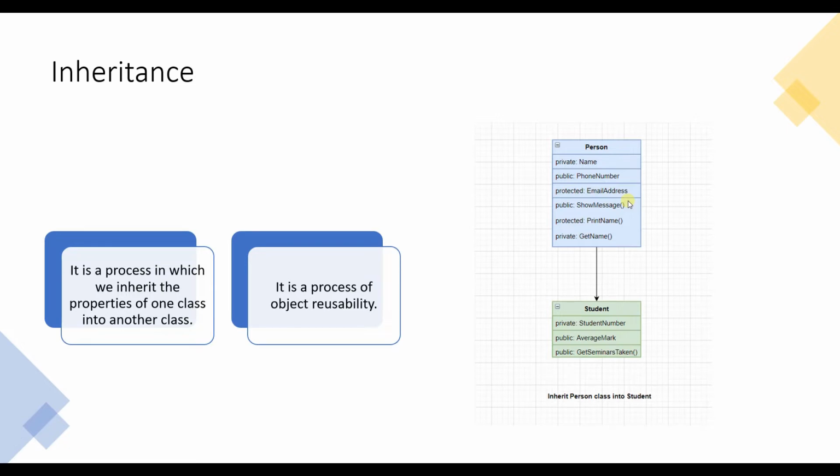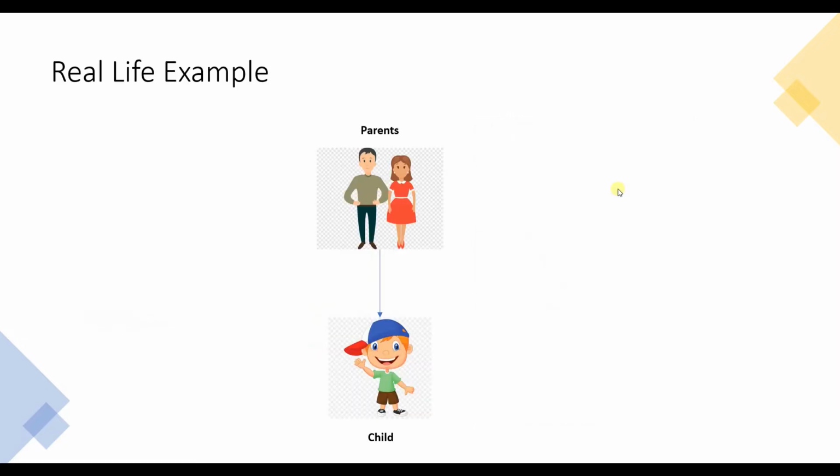Using inheritance between these two classes, the Student class will have access to the public and protected members of the class. In this way, we are implementing code reusability. The real life example of inheritance is the parent and child relationship. All the properties of parents are inherited by their child along with additional properties.